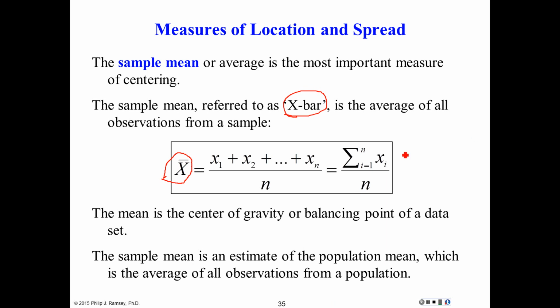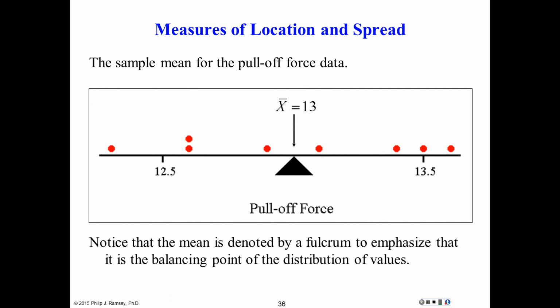And this may seem a little subtle, but the average is like the center of gravity or balancing point of a distribution. It is not necessarily the middle value, that is, half the observations are less than the mean, half are greater. In fact, that's often not true at all.